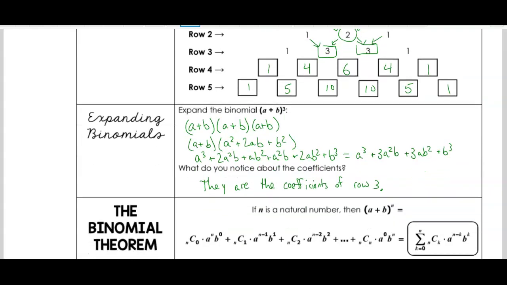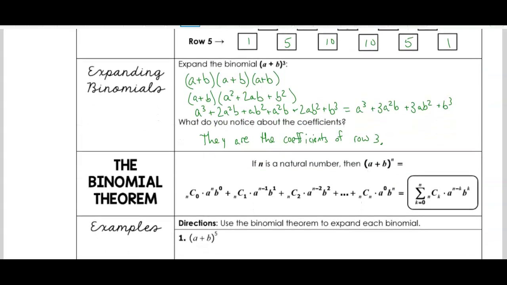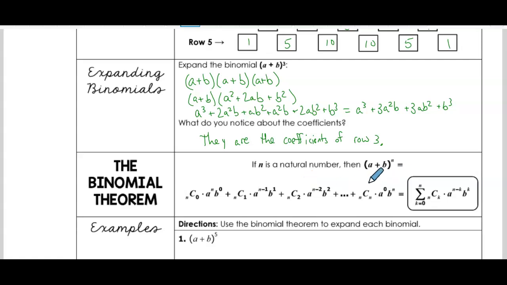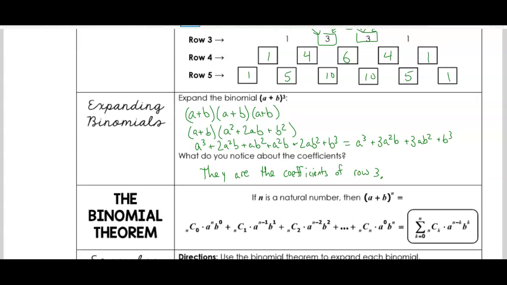So what's going to happen in the binomial theorem, and this long formula here is not really going to be necessary for us. What it's saying is you do n choose 1, n choose 2, n choose 3, and so on to develop those coefficients, but those coefficients are just going to come from Pascal's triangle.